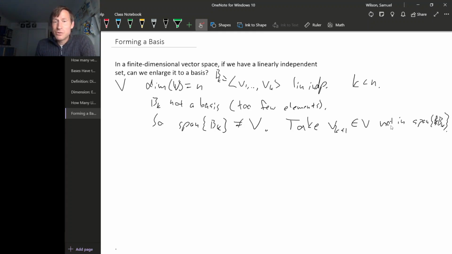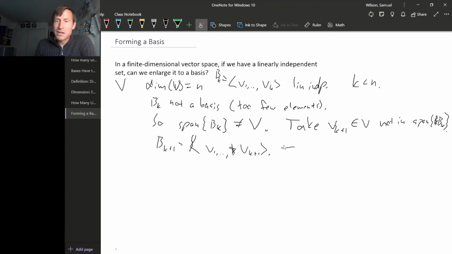Now let b sub k plus 1 be the set with angle brackets, v1 up through v sub k plus 1. Now we've seen if you take a linearly independent set and you add to it a vector not in the span of that set, the result is linearly independent.